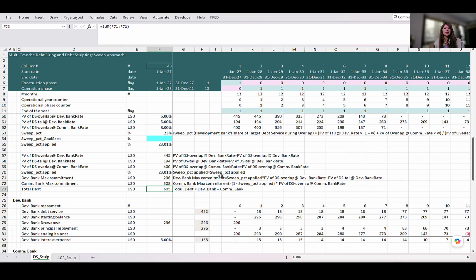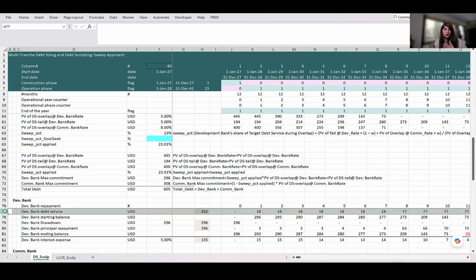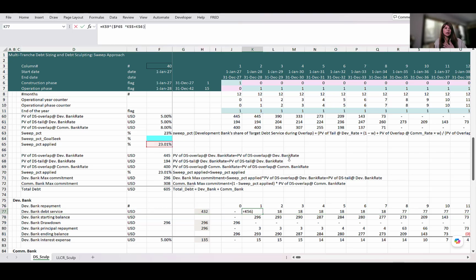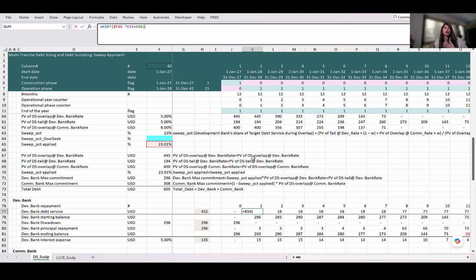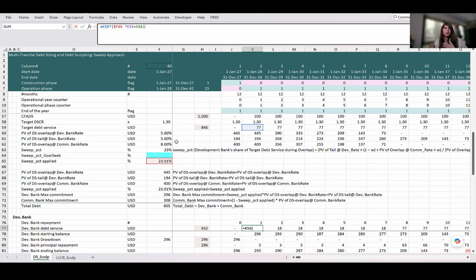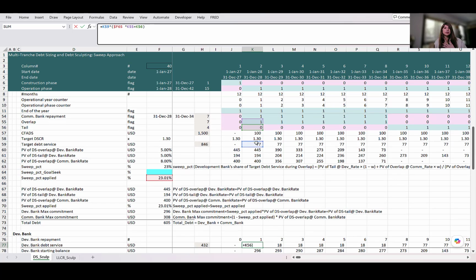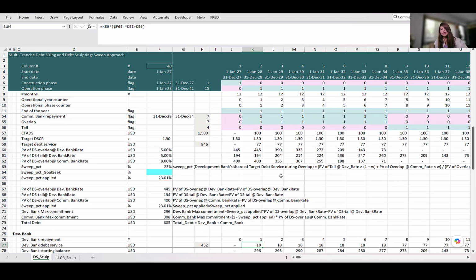For the sculpting, it's again easy. You already have the total debt service for the Development Bank, which is simply the target debt service during the overlap multiplied by 23% plus 100% of the target debt service during the tail.